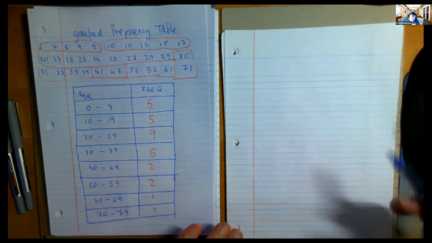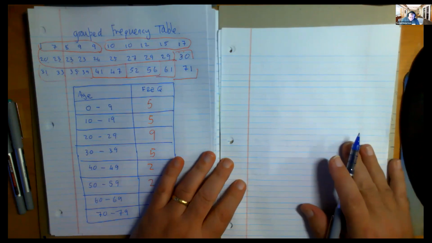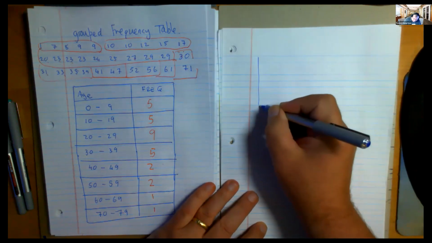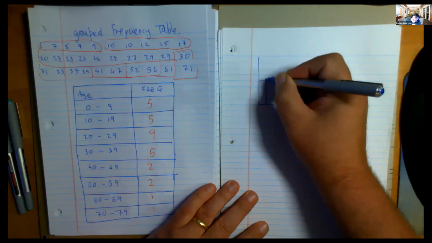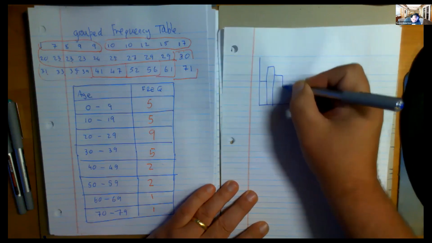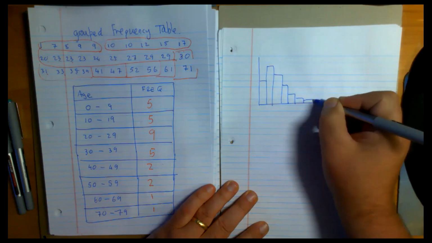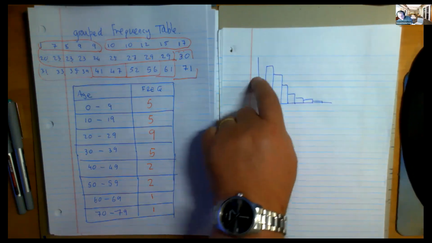Now, I'm going to draw some histograms here, only so that we can get used to how we describe shapes of histograms. So it's really getting you used to the naming process. Imagine I have a histogram.